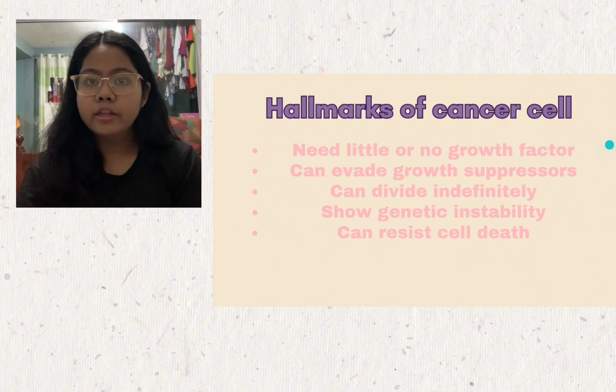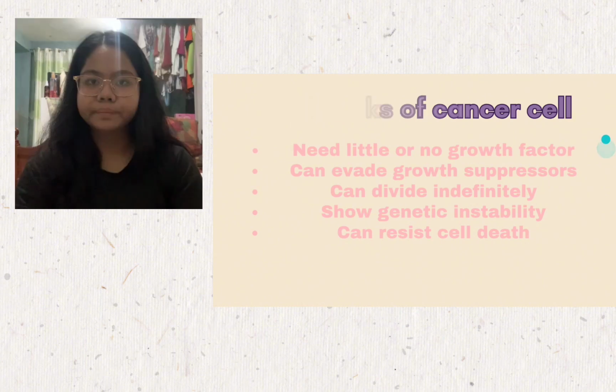Fifth, another hallmark is the disabling of apoptosis. As a consequence, damaged cells are not neutralized. In other words, cancer cells evade programmed cell death. The acquisition of these hallmarks and other cell characteristics is not the result of a single event but the accumulation of DNA damage over time.